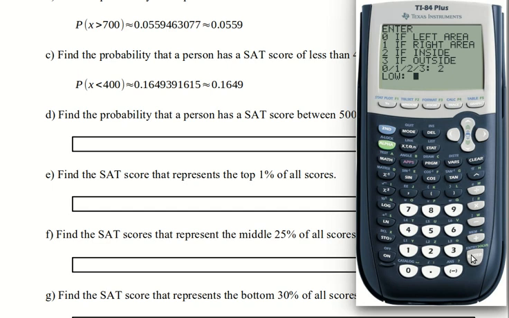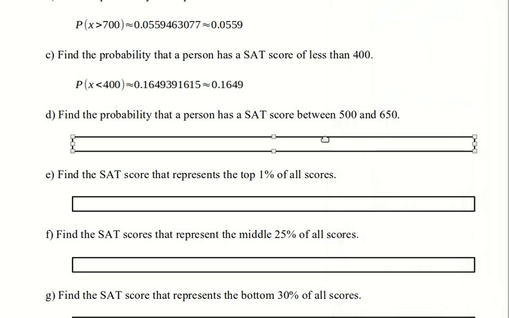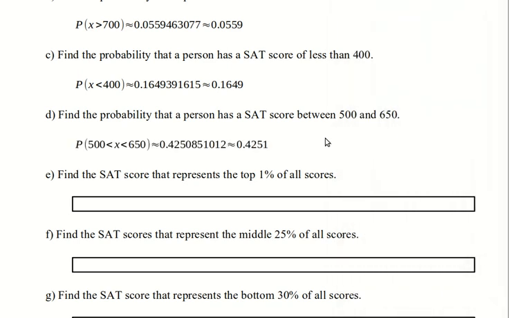Now, because we're asked for a probability, we need to know what those boundaries are. So in this case, the lower boundary is 500, and the upper boundary is 600. That will then tell us that the probability is about 42.5%.